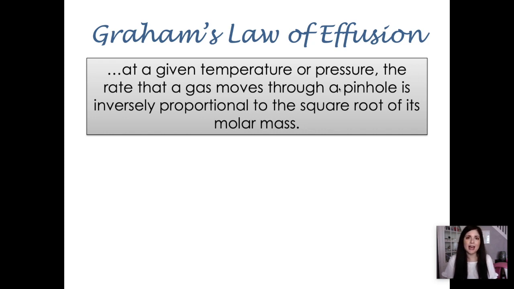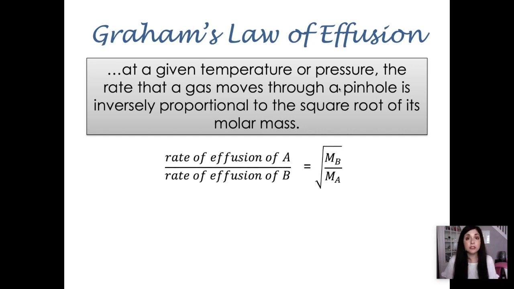Of course, if we have two gases at different pressures and temperatures, we can't use this equation, but that's something totally different. Your equation looks like this, and it's interesting because it's not one we've ever seen before.